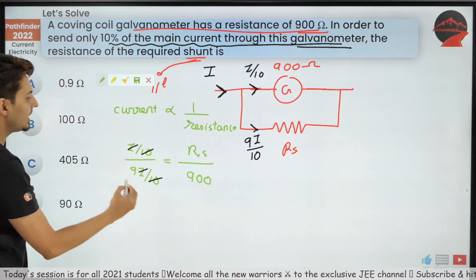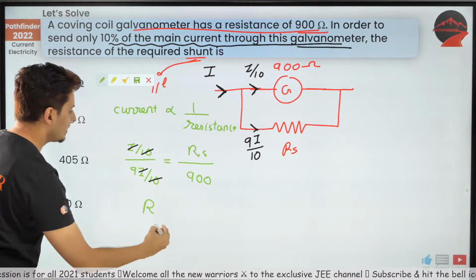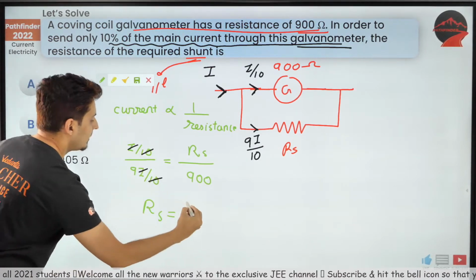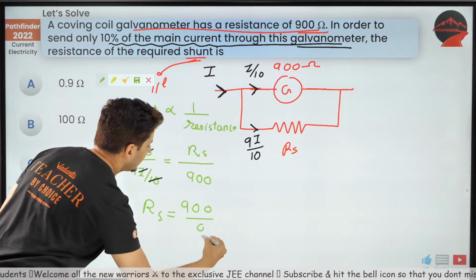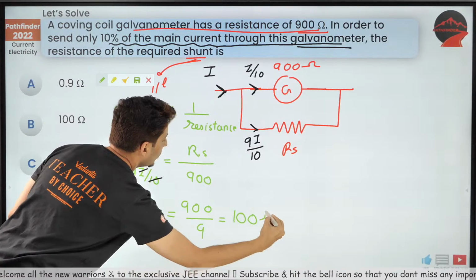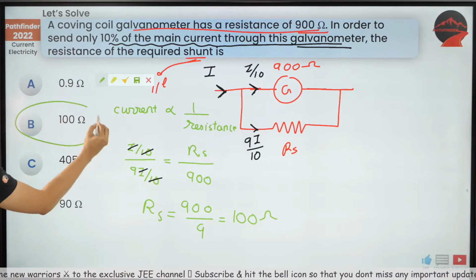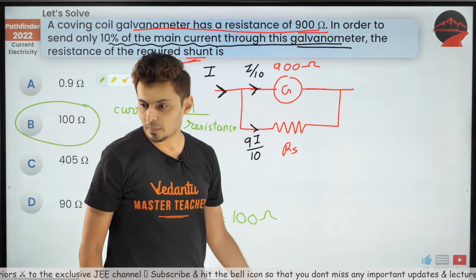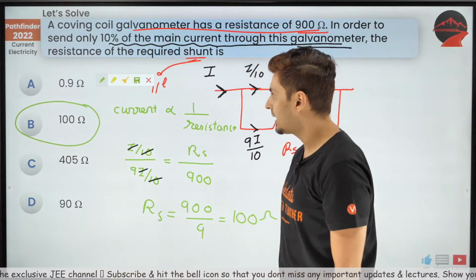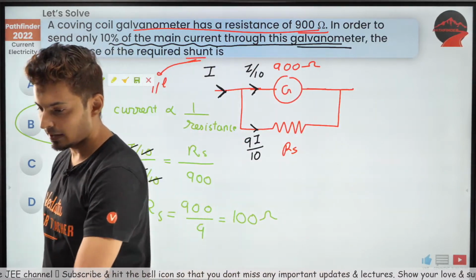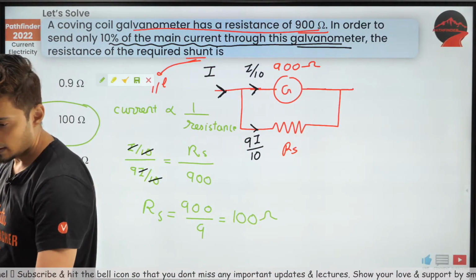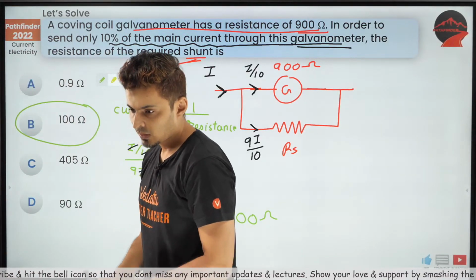So what will be the shunt resistance? It will be 900 by 9, which is 100 ohms, which is option B. Yes, correct. I hope this is clear. Everybody clear about this?